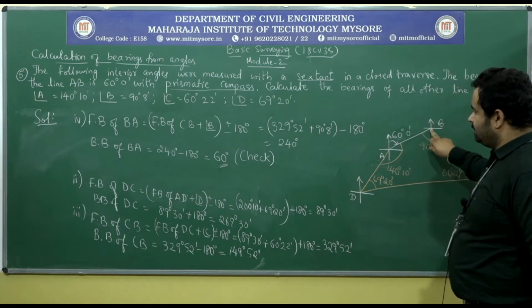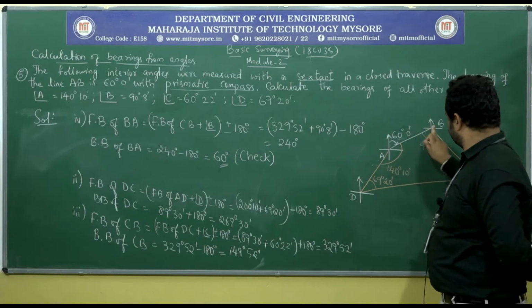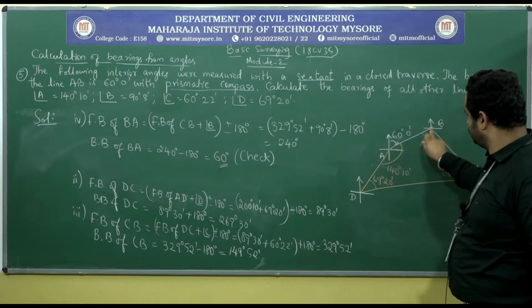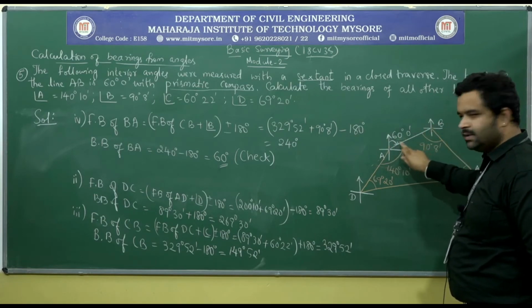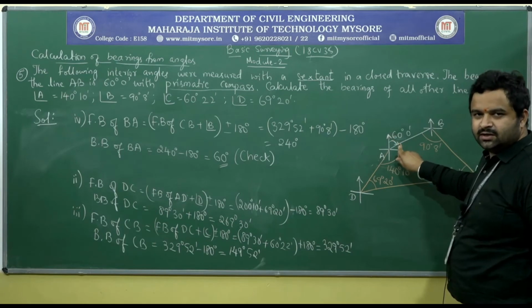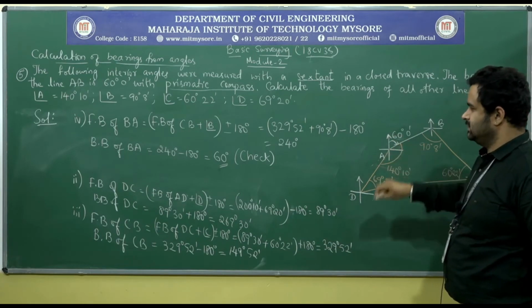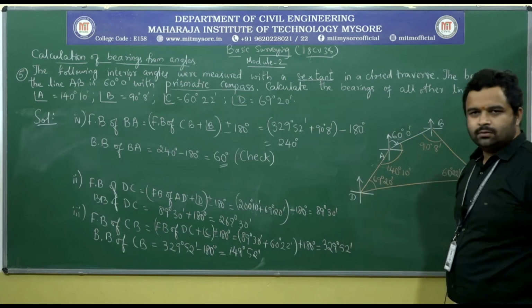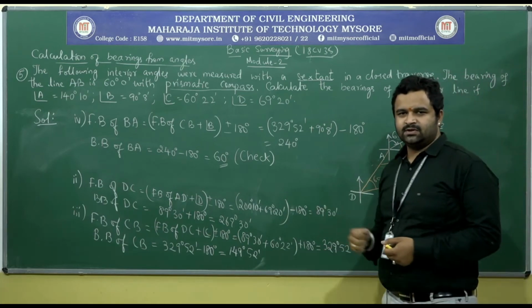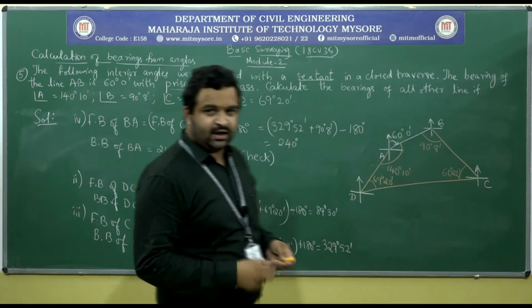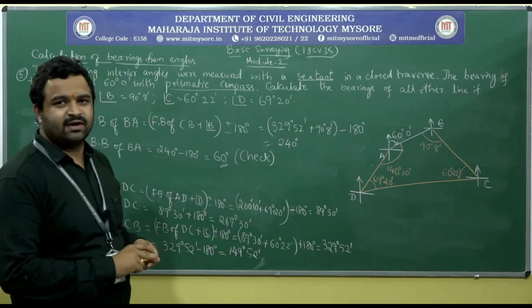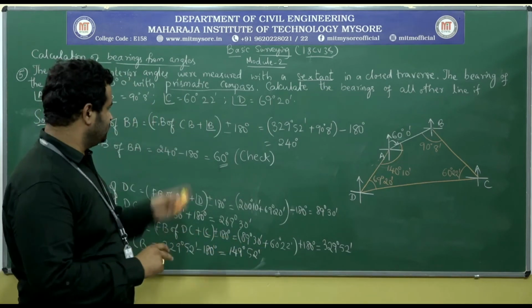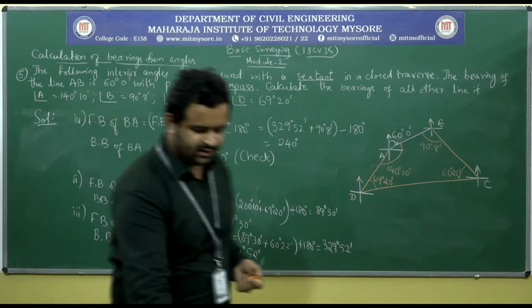From B to A, if the forebearing is 240 degree, its back bearing is 60 degree. Do you agree? Yes. So I hope this problem is clear. That is calculation of bearing from given angles. If you are clear with this, I will move on to the next problem.